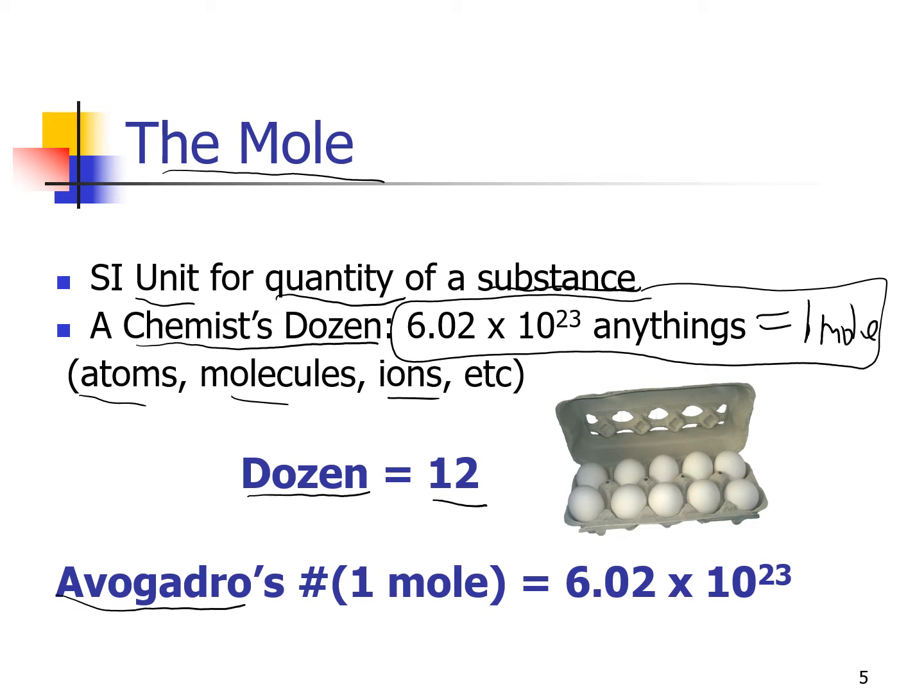He is the one that defined a mole. So we call it Avogadro's number in his honor, that 1 mole is equal to 6.02 times 10 to the 23rd. So this is a commonly used quantity in chemistry, so I need you to remember this definition. Avogadro's number, 1 mole is 6.02 times 10 to the 23rd.